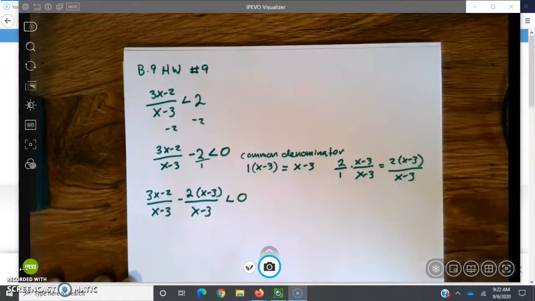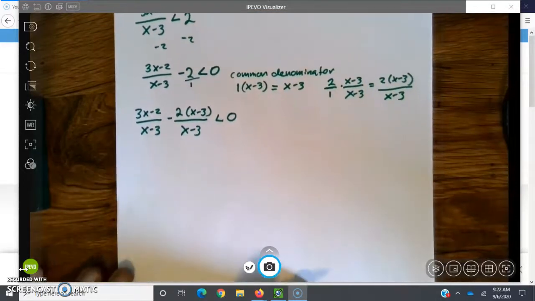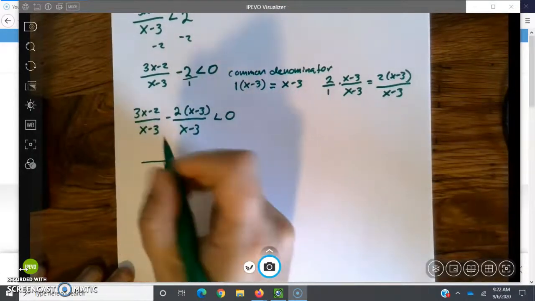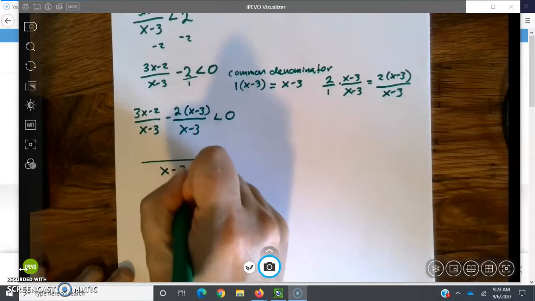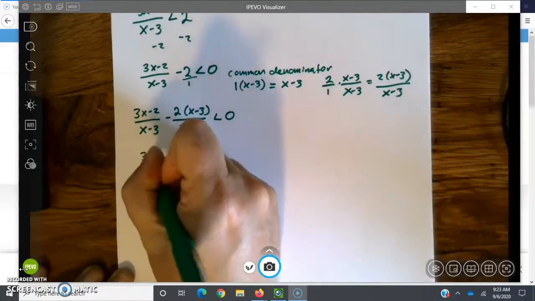Okay, so now we can combine the numerators and denominators. So the denominators, we're not really combining, we're just making it 1 because they're the same. But the numerators, we can put together the like terms. So I'm just going to write it all out right now.